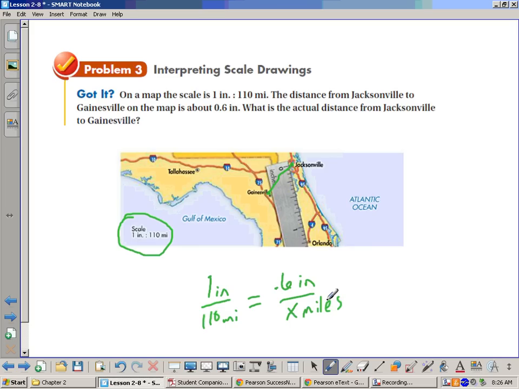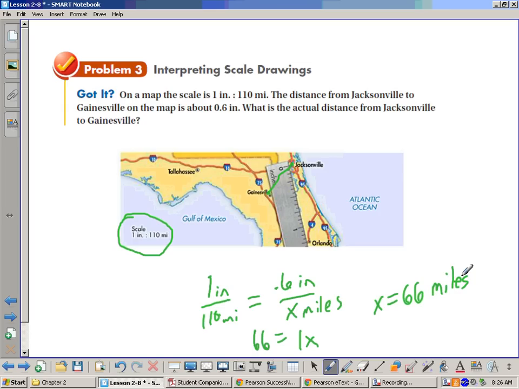So we would just cross multiply here, and we would take 0.6 and multiply by 110, and we would end up with 66. And obviously 1x when we cross multiply. So in this case, the distance x is going to be 66 miles based on our scale.